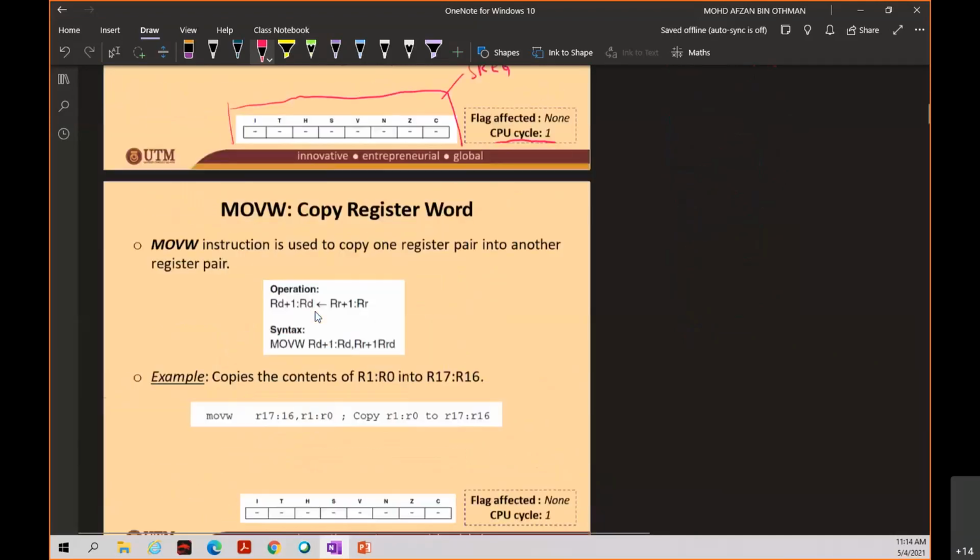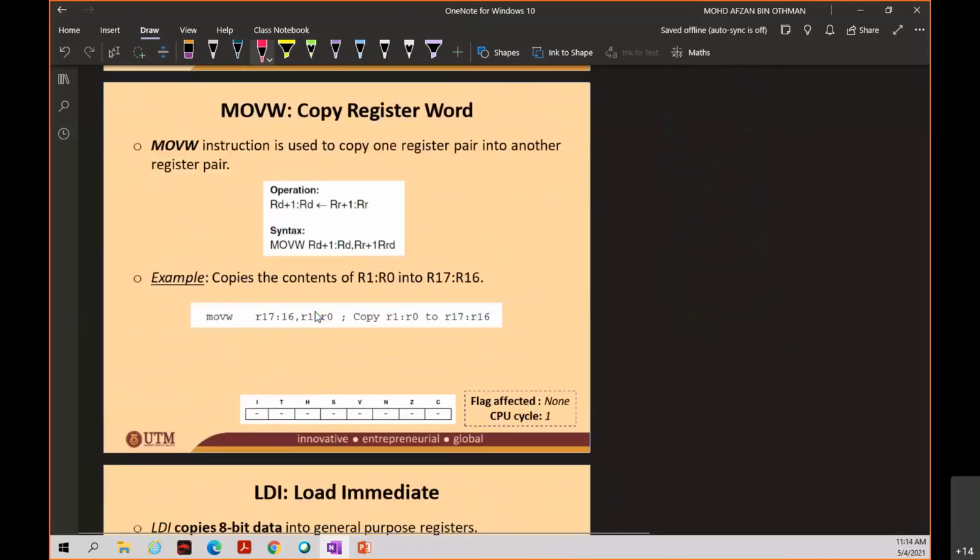Then we have the MOVW. MOVW stands for copy register word, which you use to copy one register pair into another register pair.